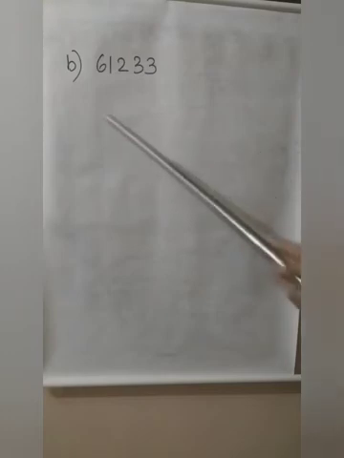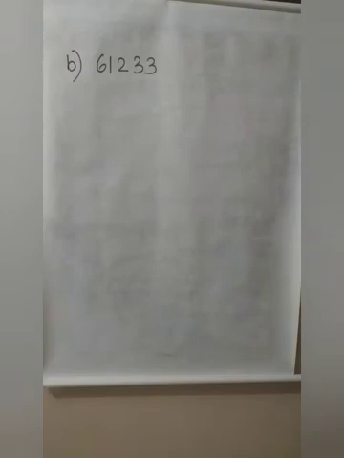An even number will never have an odd multiple. Here this number is an odd number. So will it be divisible by 4? Odd numbers are not divisible by even numbers.